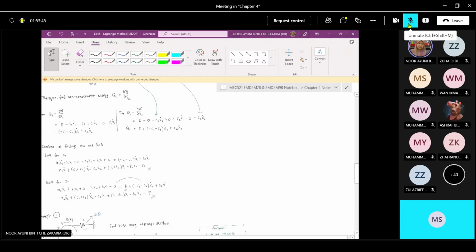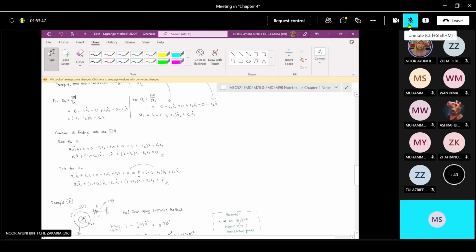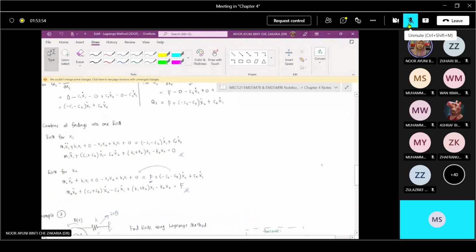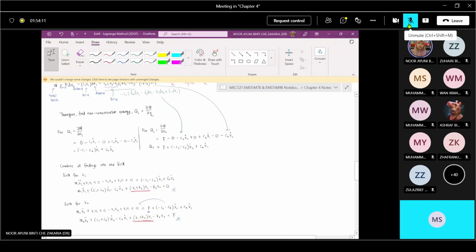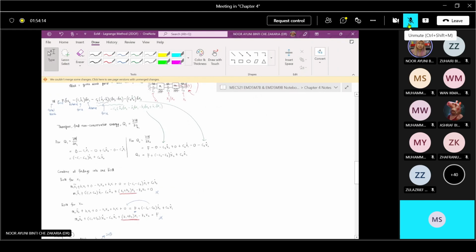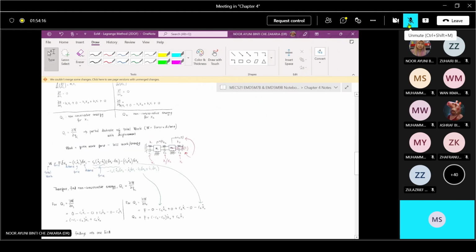So probably we have a mistake here. Sini ni saya salah ni. Okay. This one ya. So I probably copying the same. Oh, saya tahu. Saya copy yang ni sama ya. Saya rasa saya copy dia ni salah.